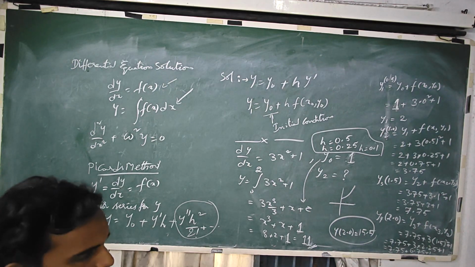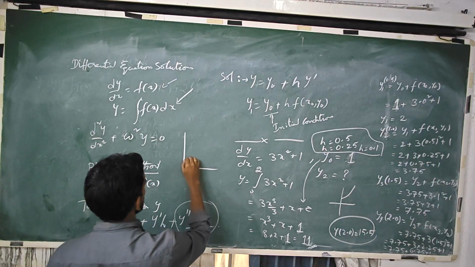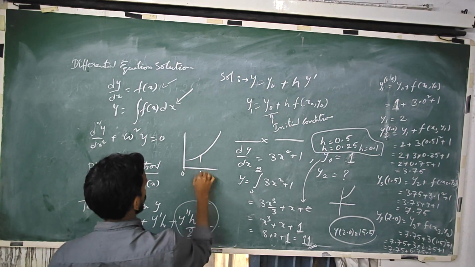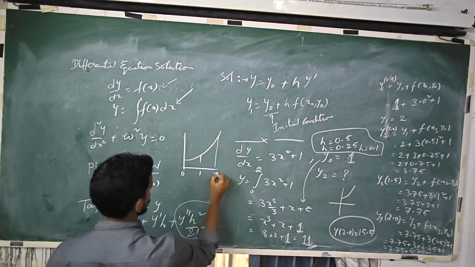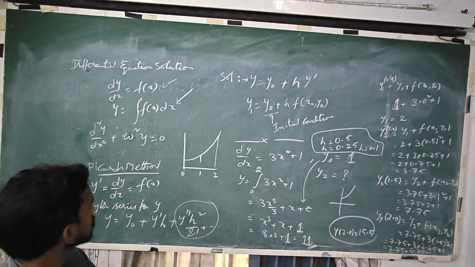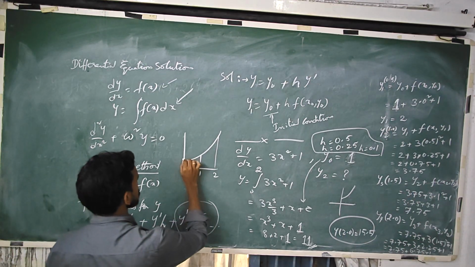So this integration is actually the area under the curve. So we are considering a curve, 0, 1, 2, and we are considering an integration here.